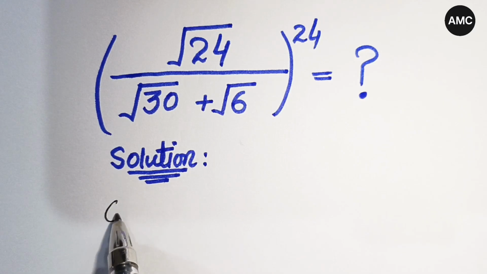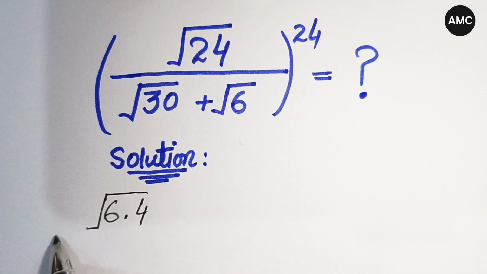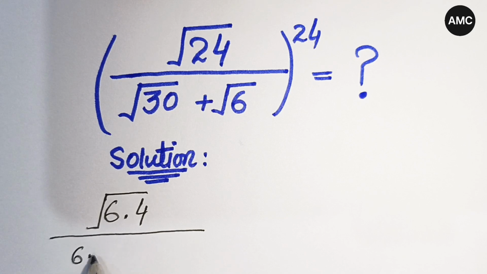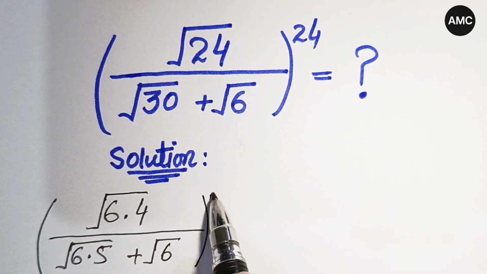So here we just write the square root of 6 times 4, which is 24, all over, here we have 30, so 30 can be written as the square root of 6 times 5, plus the square root of 6, whole to the power 24.